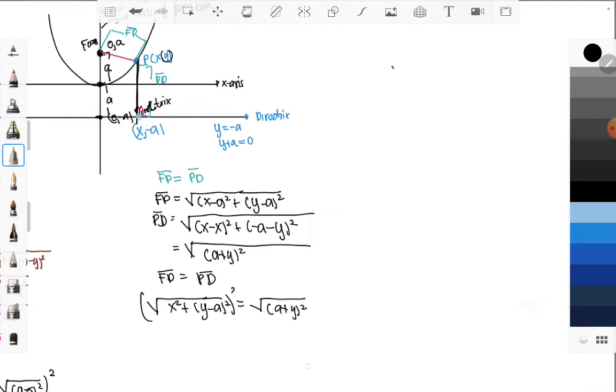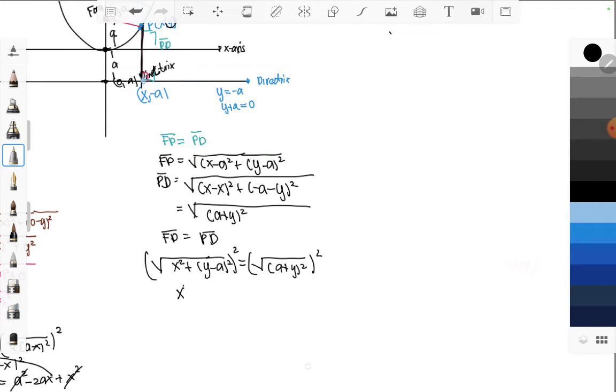So getting the square of both sides, we'll have x squared plus y minus a squared, which is equal to a plus y squared. So we have x squared plus y squared minus 2ay plus a squared is equal to a squared plus 2ay plus y squared.